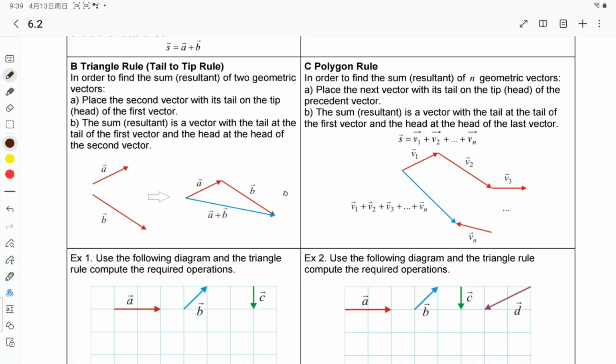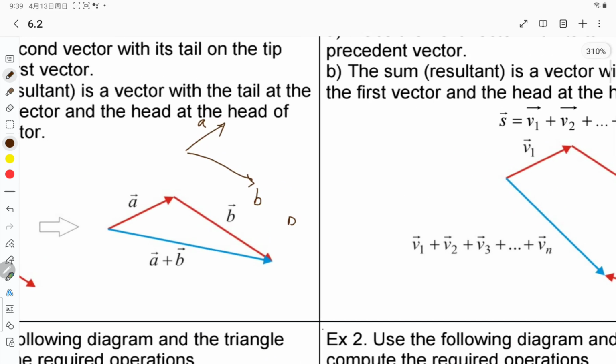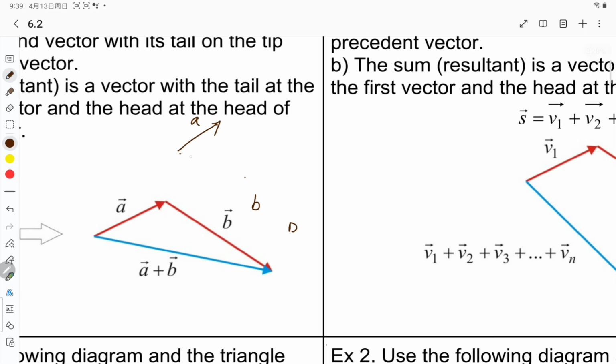I think before we also have, so if A, B are in this direction, and then we have A plus B looking like this. But this is really if we move A parallel to here, and then this becomes like a cycle, right?